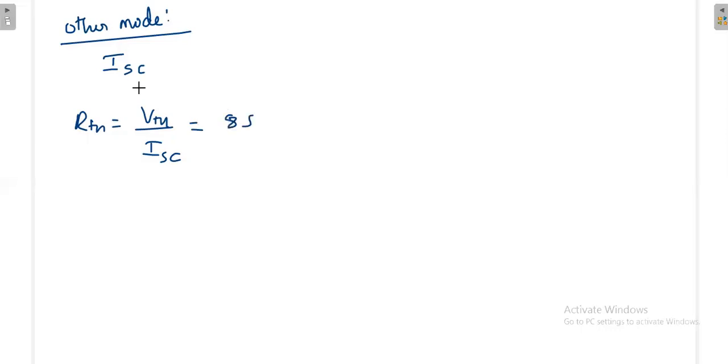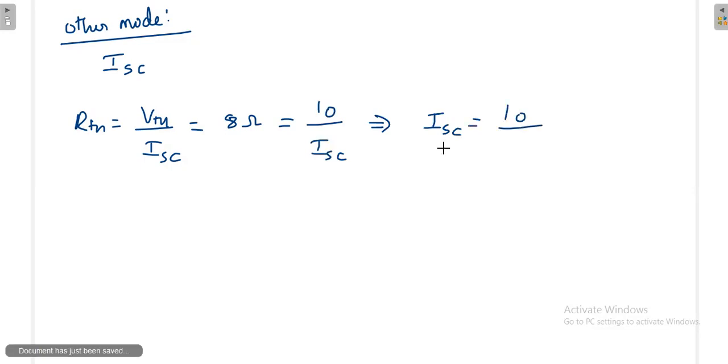Already V Thevenin we got is 10 volt. So 10 volt divided by I short circuit current, definitely that will be 10 by 8. That means 5 by 4 will be the short circuit current. You just try it out and make sure that your short circuit current is 5 by 4 ampere.